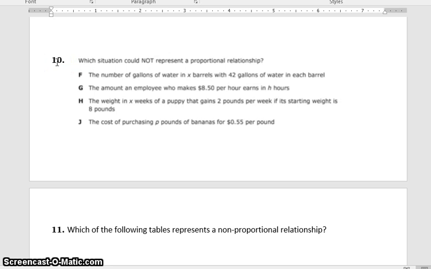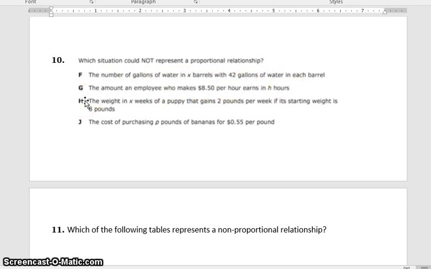Number 10. Which situation could not represent a proportional relationship? F. The number of gallons of water in x barrels with 42 gallons of water in each barrel. G. The amount an employee who makes $8.50 per hour earns in 8 hours.